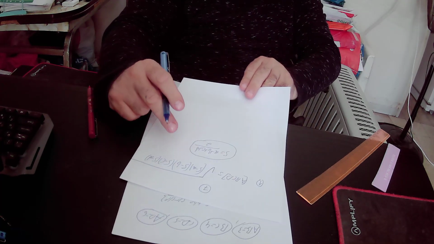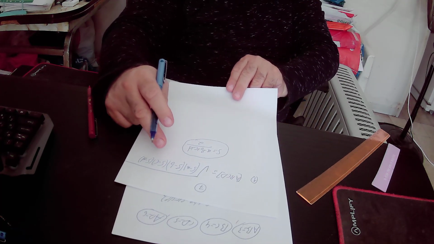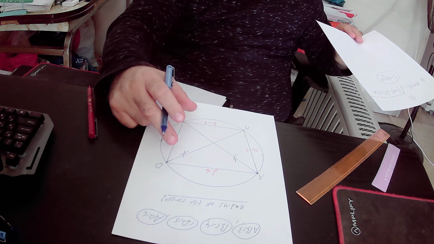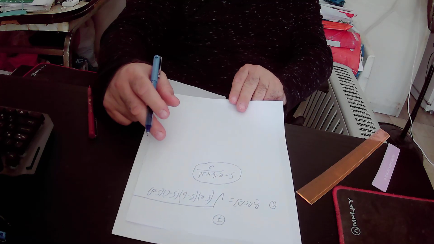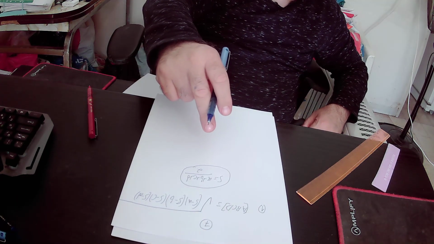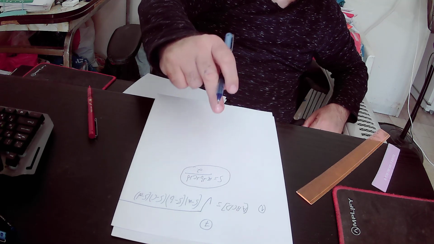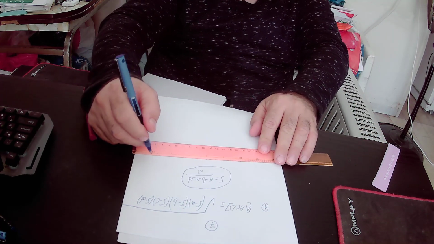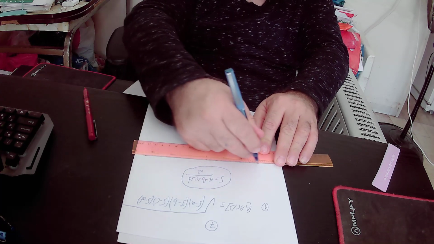So equation number 1 is the area of this quadrilateral ABCD, where s equals the sum of the quadrilateral's sides over 2. And then we will also implement rule number 2 in our drawing.